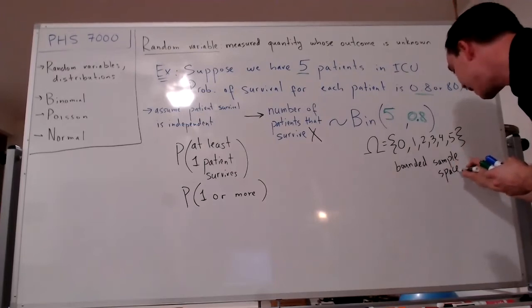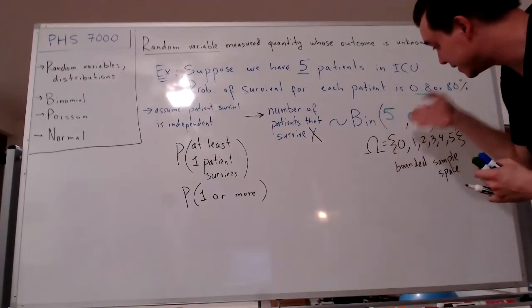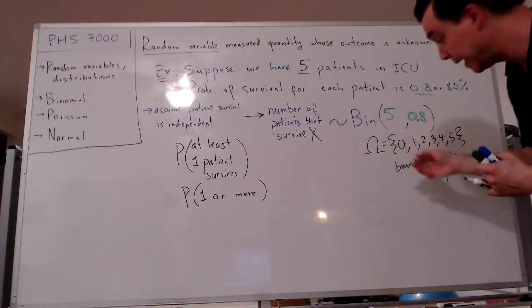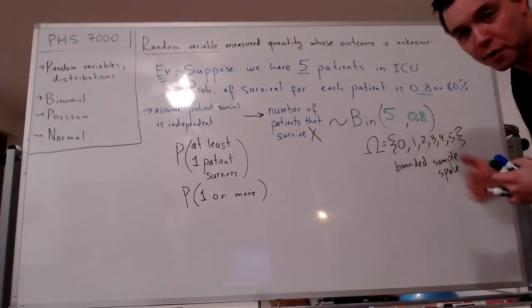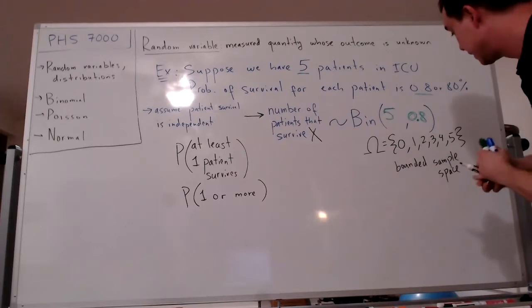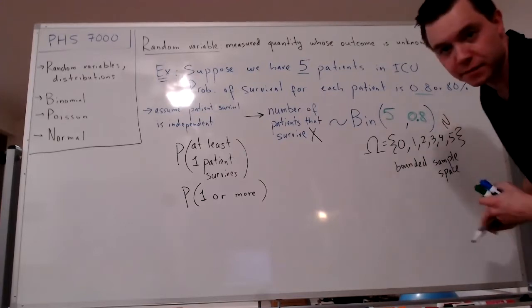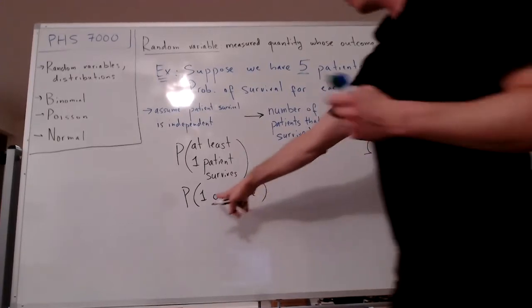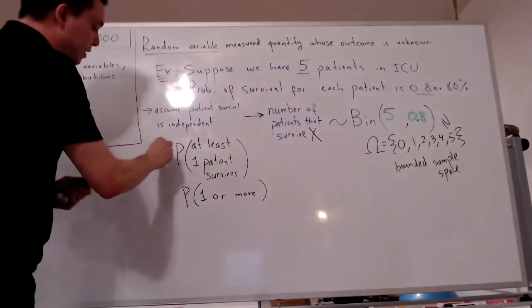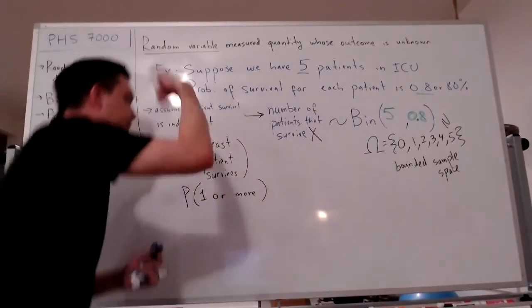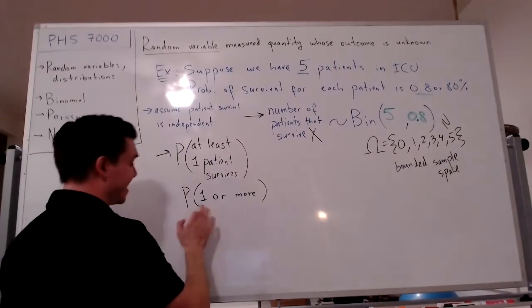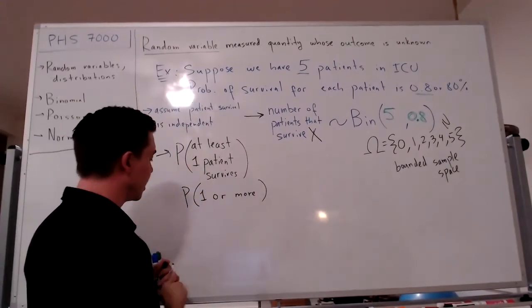I cannot have less than 0 patients survive, and I also cannot have more than 5 survive out of 5. So for my little bit more interesting query, the probability that at least one patient survives is the same as the probability of 1 or more.